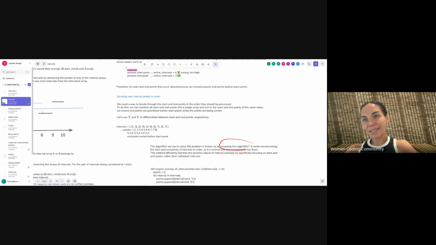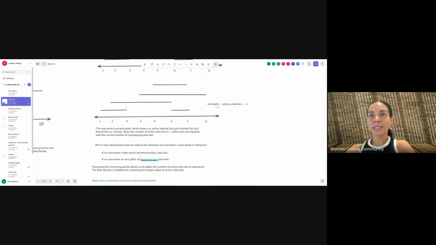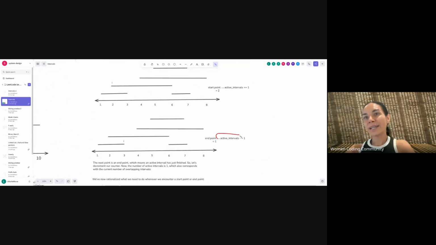In this case, what we are doing is sorting everything, start and end, into chronological order. So as you see, we took all the intervals, took start and end, and put everything in chronological order just to keep track of how many active intervals there are here.